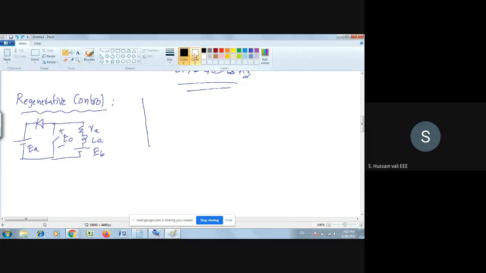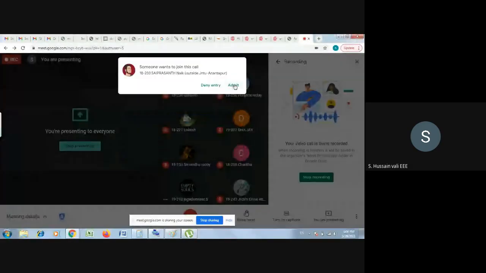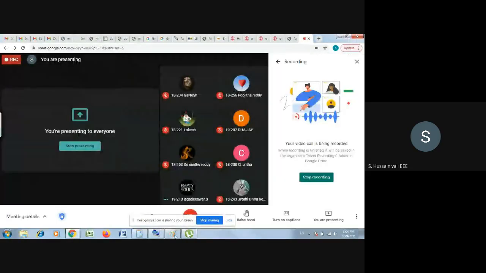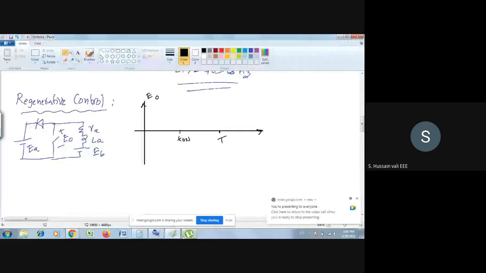This is E naught. Now this is T on, and this point is T. I told you already that when the switch is on, the output voltage is zero.